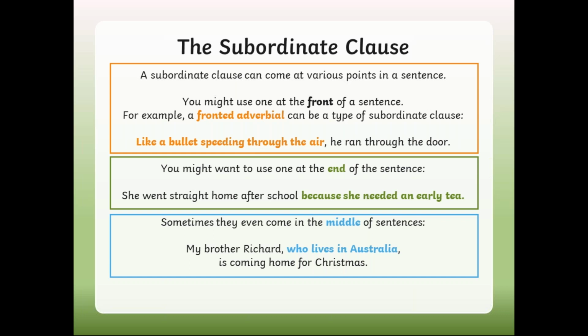You might want to use one at the end of a sentence. She went straight home after school because she needed an early tea. Sometimes they even come in the middle of sentences. For example, my brother Richard, comma, who lives in Australia, comma, is coming home for Christmas.